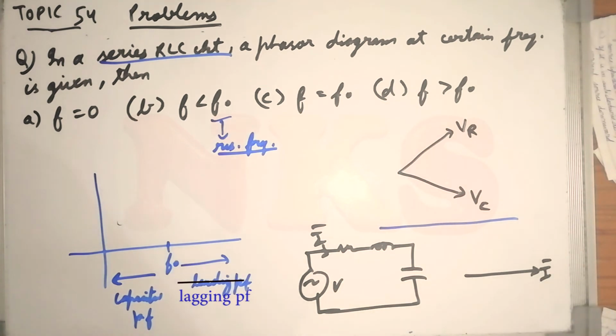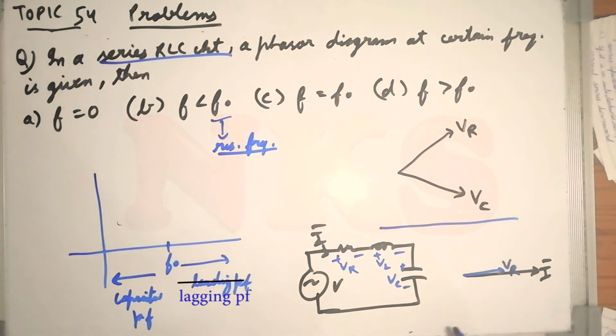Now if I draw the phasors of the voltage drops across these elements, my VR will be like this, because the voltage drop across the resistance is always in phase with the current. I hope you know this.